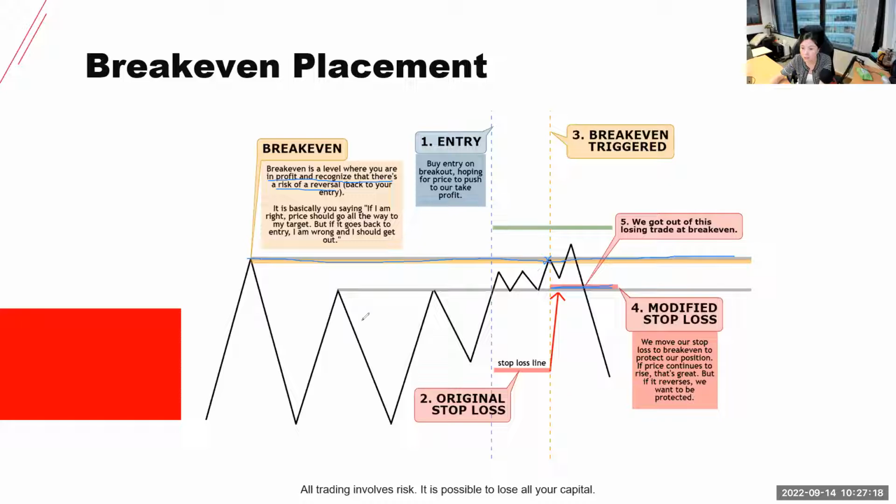As you can see, it's in the yellow color or the beige color here. This is the break-even. Let me indicate it for you guys. Yellow is break-even. And then you have the green, the grayish, which is your buy entry.